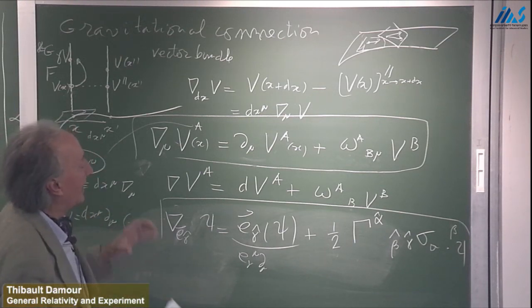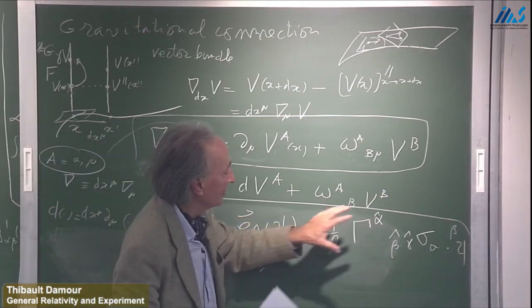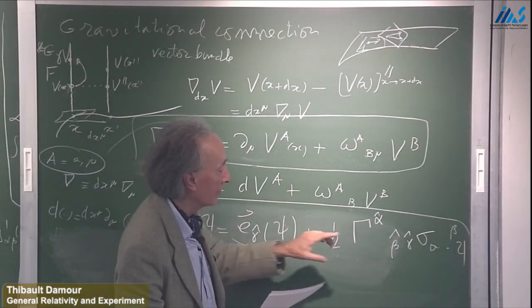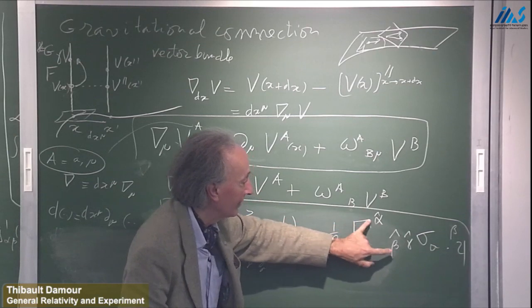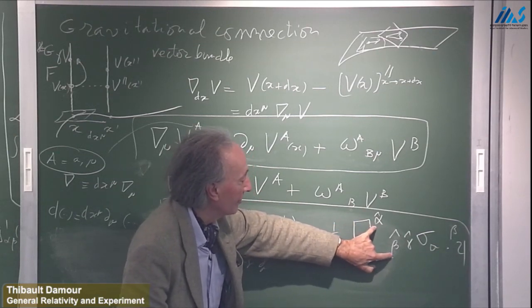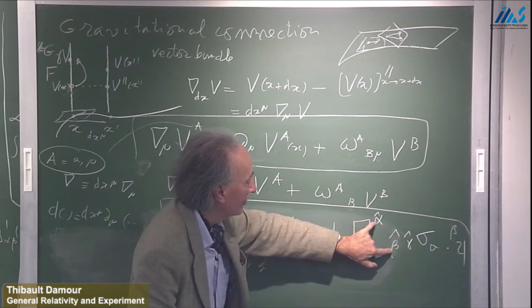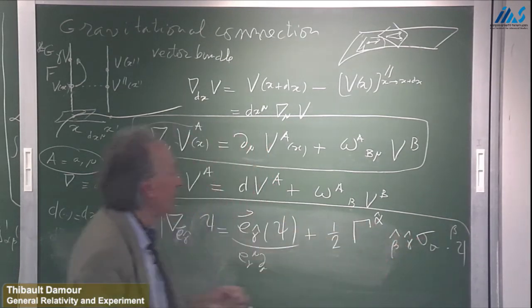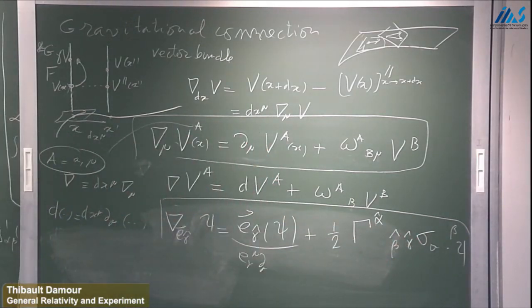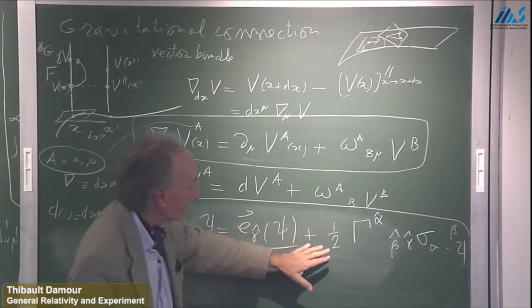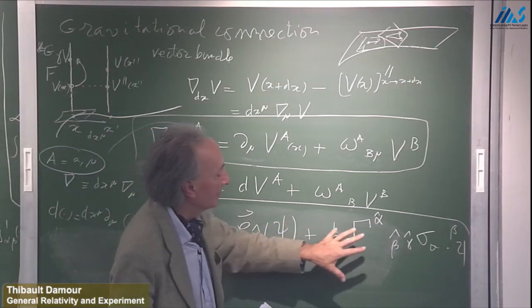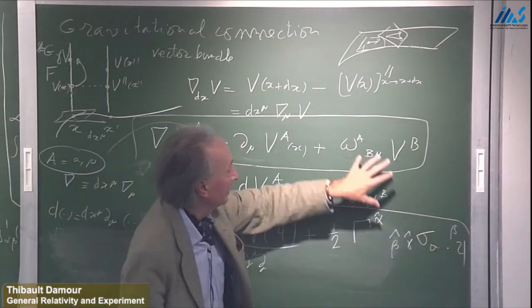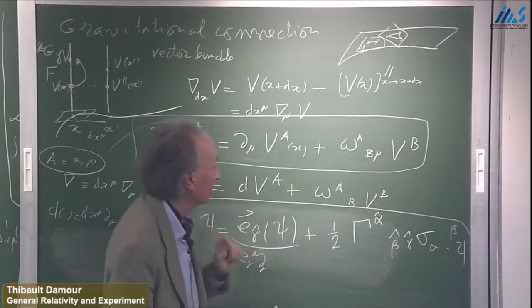When I act on a spinor, I take this infinitesimal rotation that would act on a vector with these indices alpha beta, that would be the way the connection acts on a vector. But I contract the alpha beta by how a rotation acts on a spinor, which is 1/2 gamma alpha beta, where gamma alpha beta is the antisymmetric product of gamma alpha and gamma beta, with the same sign plus. And this is the rotation acting on a spinor, and it is part of the connection acting on a spinor.